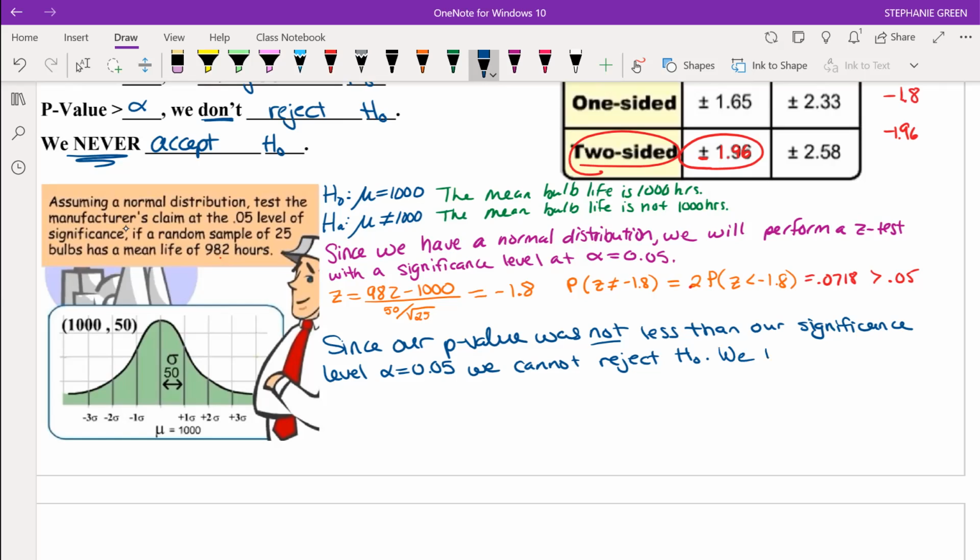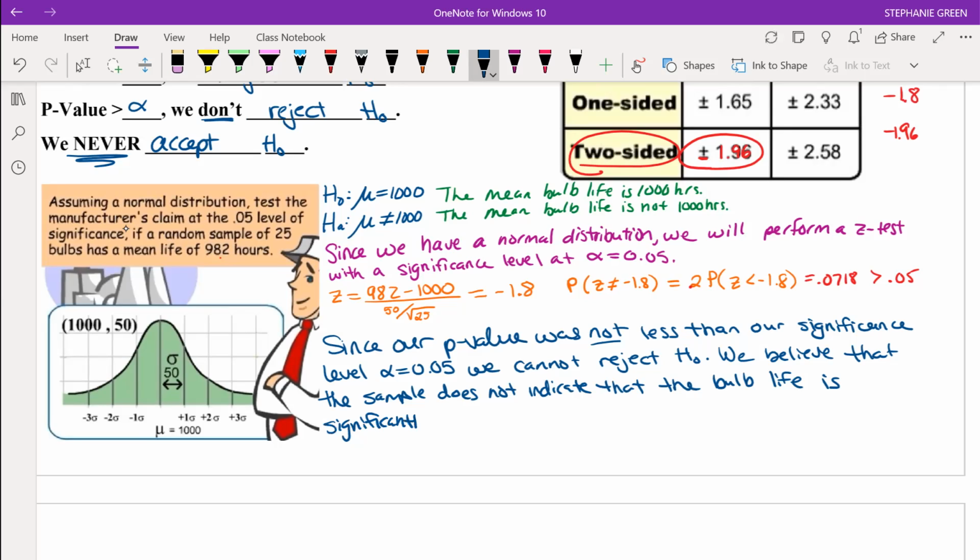We believe that the sample does not indicate that the light bulb life is, I can't say higher or less than because it's two-sided, so I'll say significantly different.